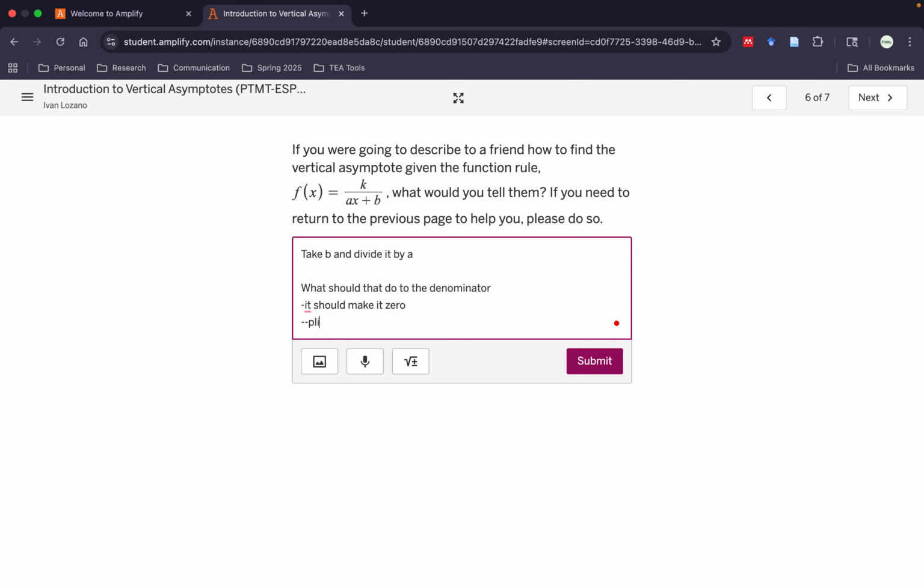Plug it in and check. It won't be 0. So that's what happened. And maybe some students will realize it has to be negative. So you're going to describe to a friend how to find the vertical asymptote of the function rule divided by a, and that's where the vertical asymptote is.